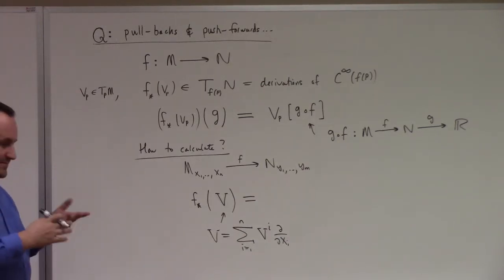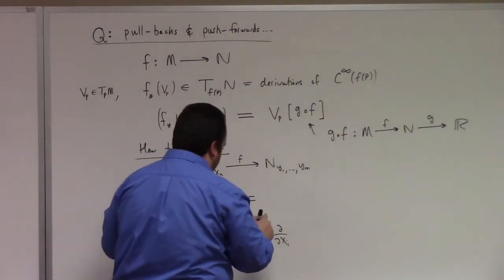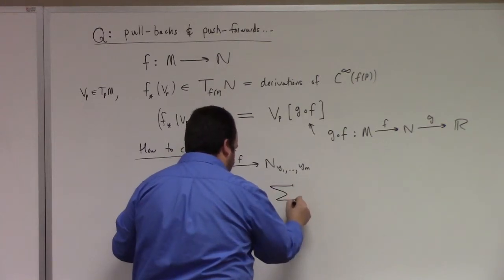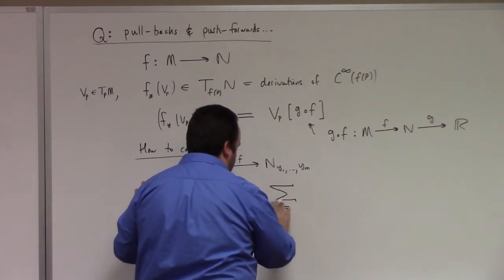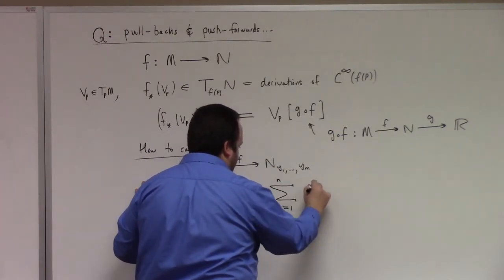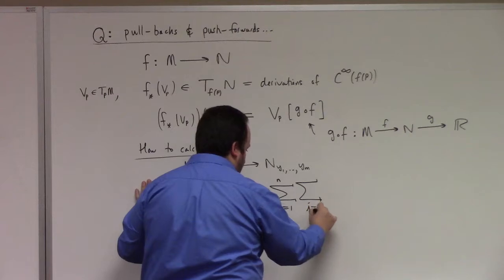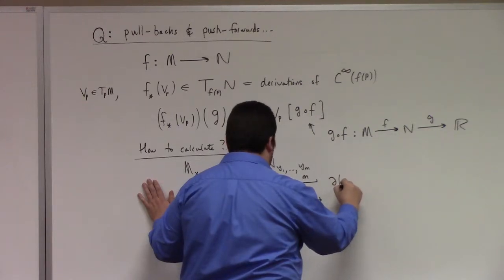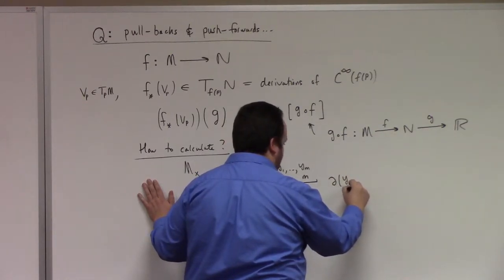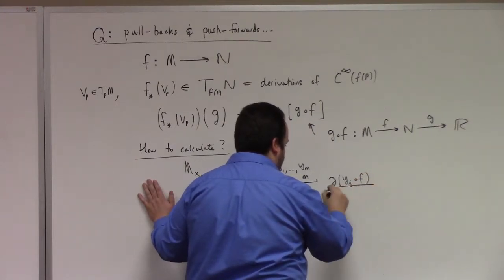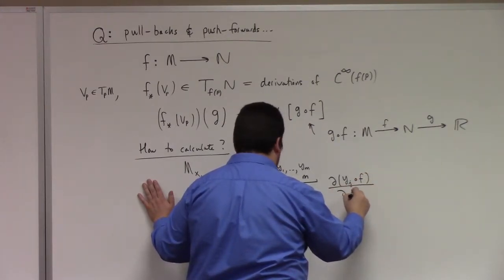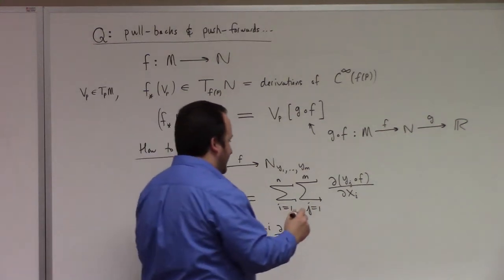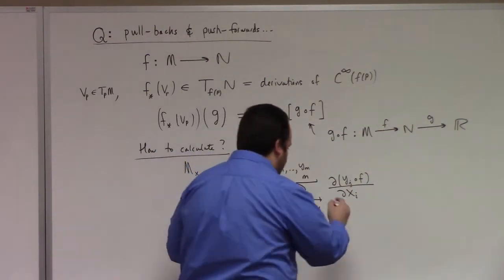You'll forgive me if I omit that here. Now, it works out to the sum i equals 1 to n, sum j equals 1 to m, and then what you have to do is the partial derivative of the jth coordinate of f with respect to x_i. I forgot to put my important v^i here.